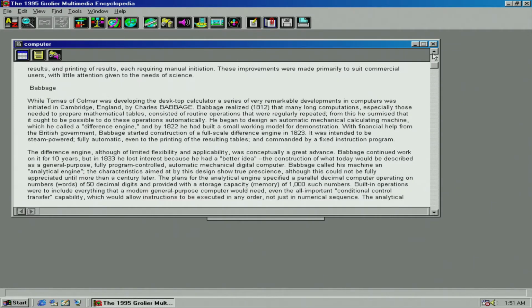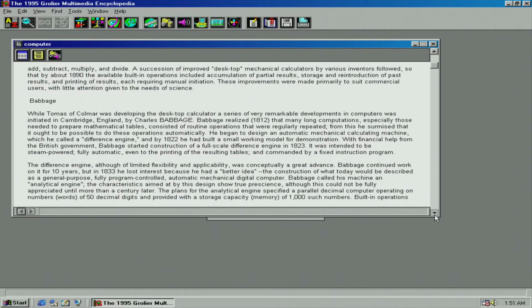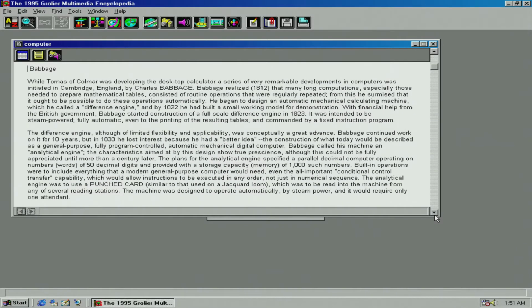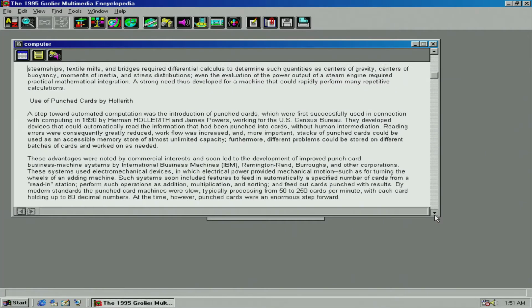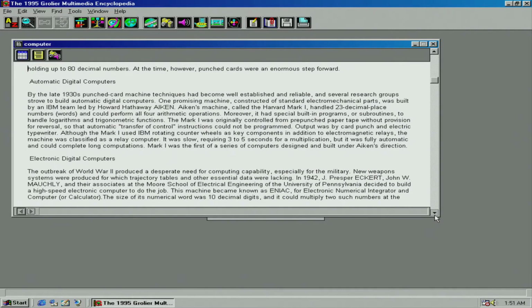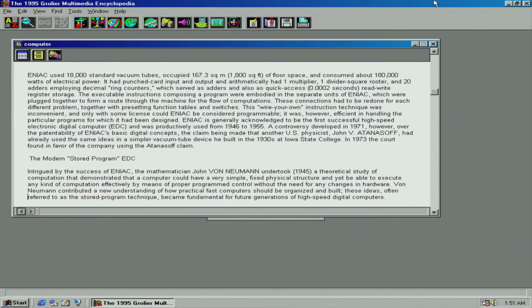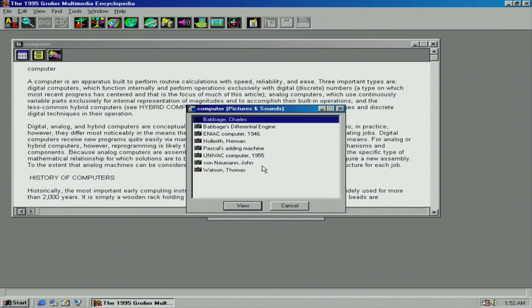The first computer was an abacus. Babbage, okay. I guess he made the first mechanical computer. It's an analog computer. A lot of information about it. ENIAC. It's got pictures and sound too.